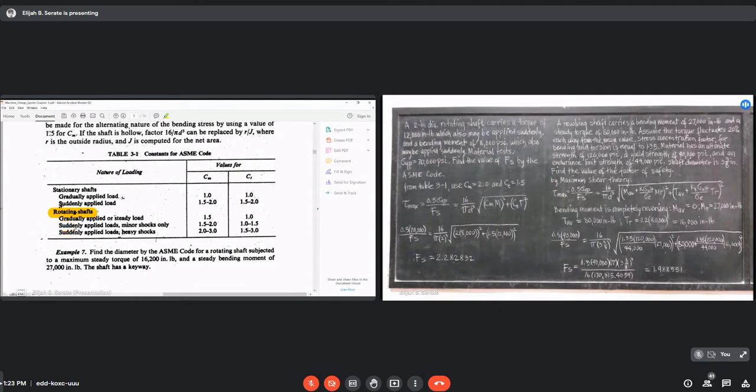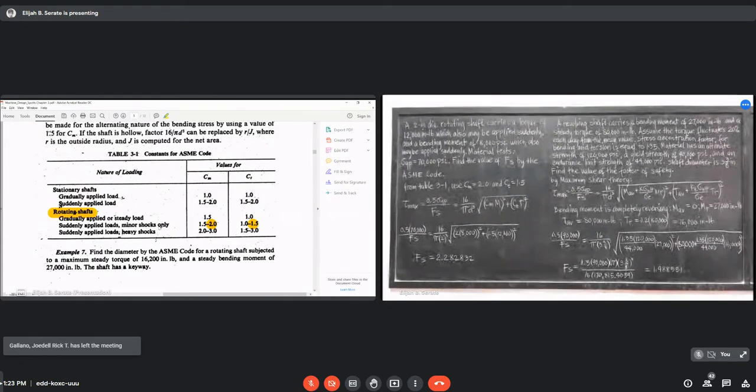But it did not mention, so the author, I think, specifies this case because he used Cm. It is a range from 1.5 to 2, so he uses Cm of 2 and Ct of 1.5. Okay, so he used the suddenly applied load, minor shocks, however, it is in the upper range.